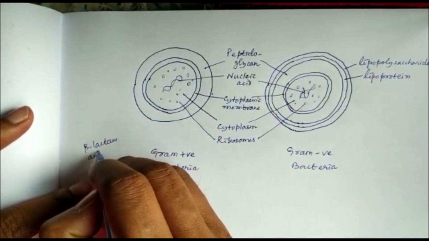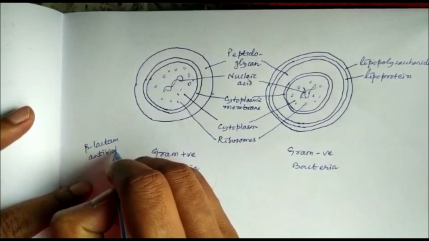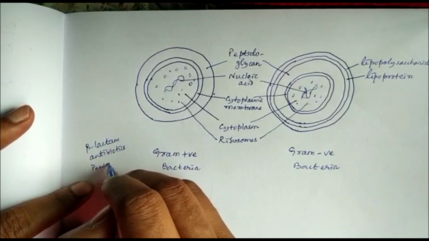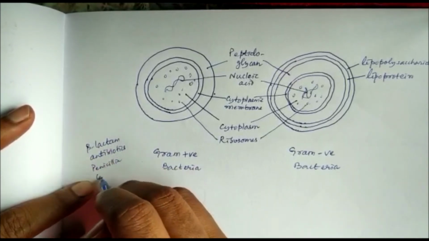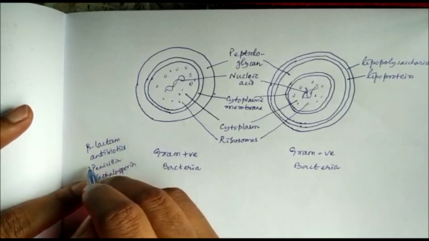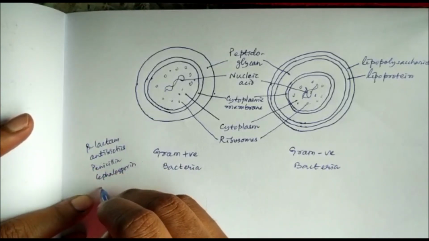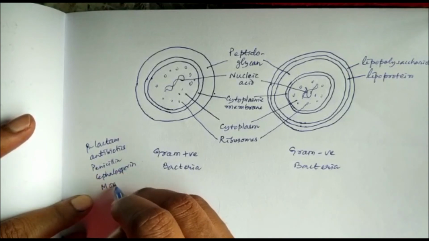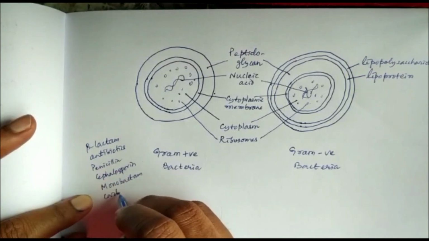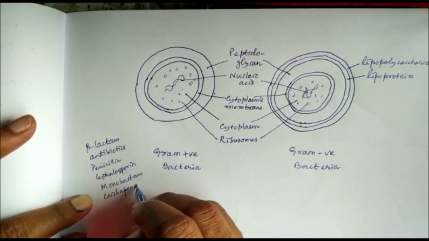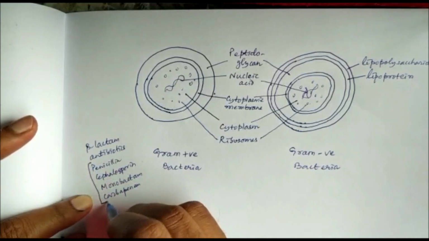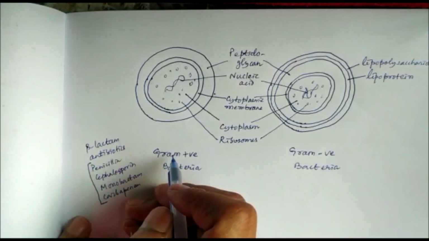Beta-lactam antibiotics like penicillin, cephalosporin, monobactam, carbapenem, these are the drugs which can inhibit peptidoglycan biosynthesis.